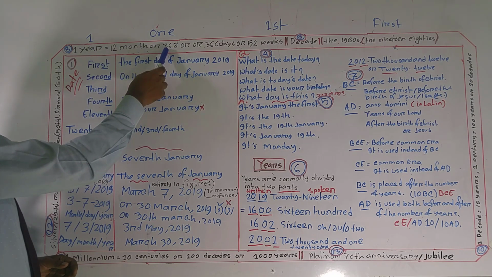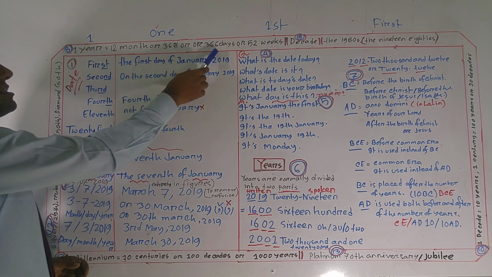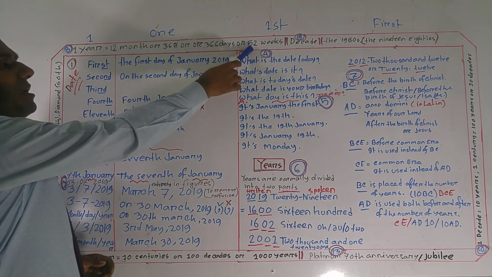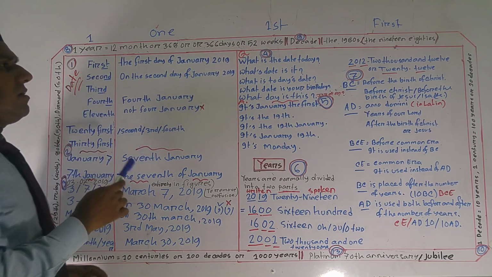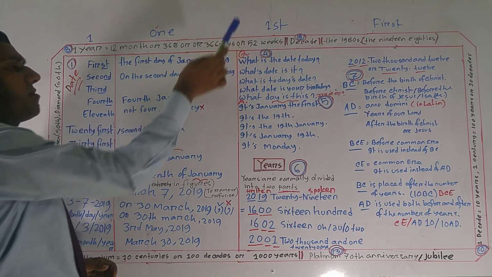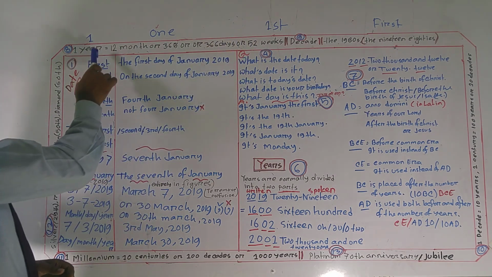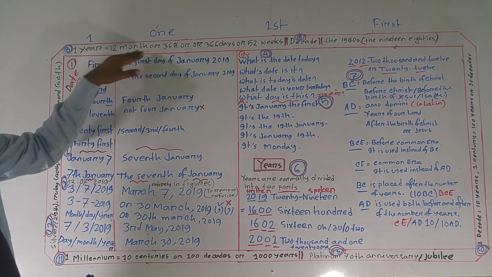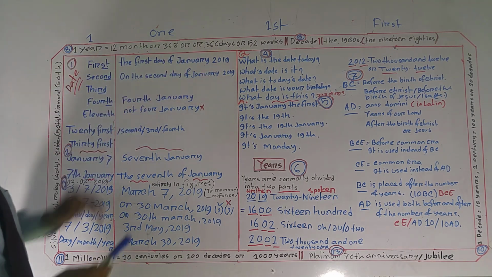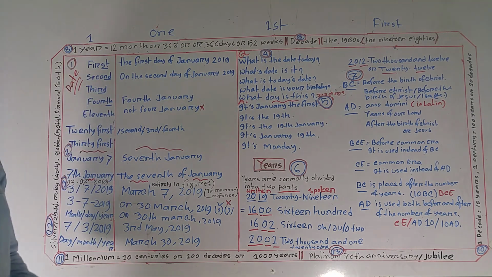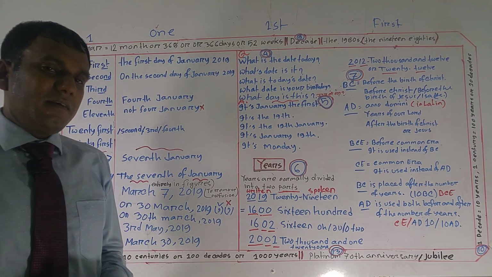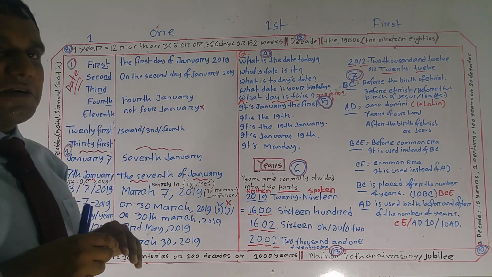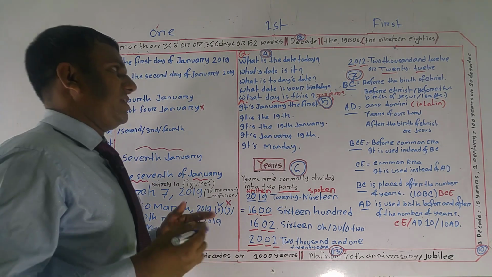There are 365 or 366 days in a year. How many weeks are there in a year? There are 52 weeks in a year. So this is the formation of month, days and week. And you know 7 days make a week, or there are 7 days in a week. I didn't write it here because it's better.